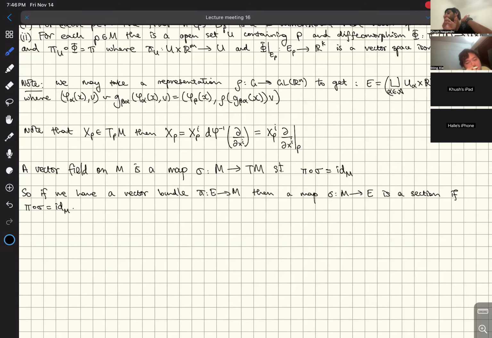If we take the dual space of each tangent space, we can combine everything together to get a cotangent bundle. If we take tensor products of tangent spaces and cotangent spaces, we get tensor bundles, and then we can talk about the exterior bundles and so on. So once we have the tangent bundle, we've really opened up Pandora's box.